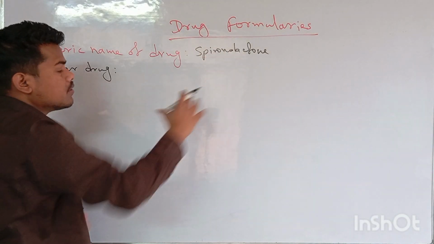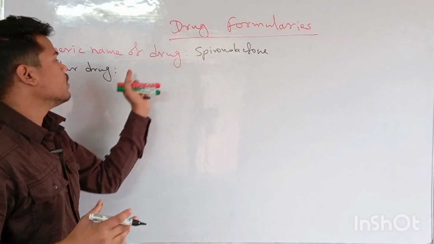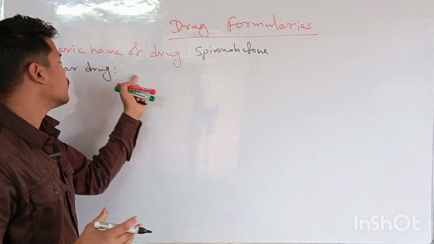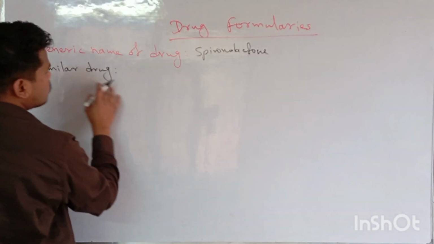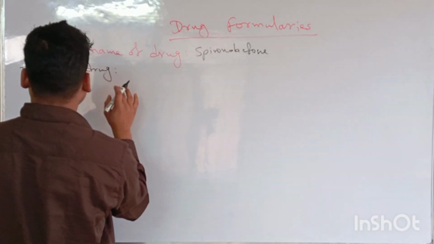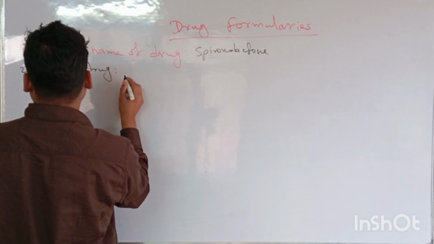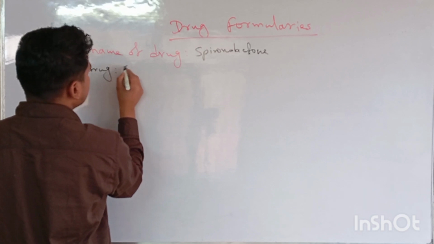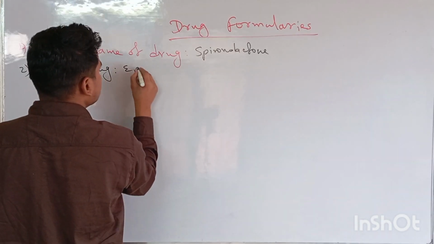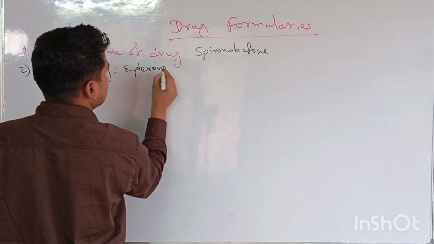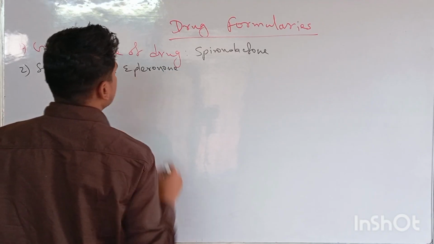If the mechanism of action differs, you cannot write it in the similar drug. So for similar drug, what you write here, like for spironolactone, it is eplerenone.